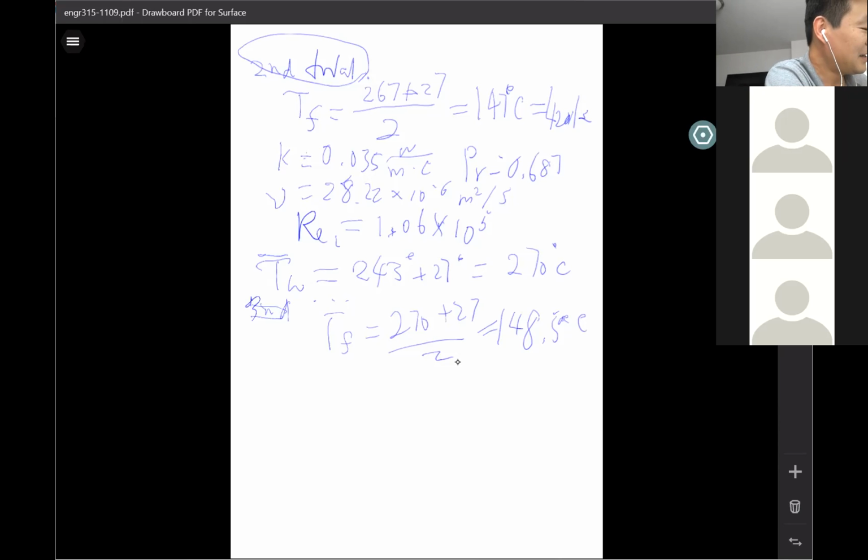Look at table A5, if you have it. They have an increment of 50 degrees temperature for every different property value. Table A5 starts with 100 K, the next point is 150 K, the next is 200 K, the next is 250 K. If your temperature change is less than 50 degrees, you probably just pick one, or you interpolate it.